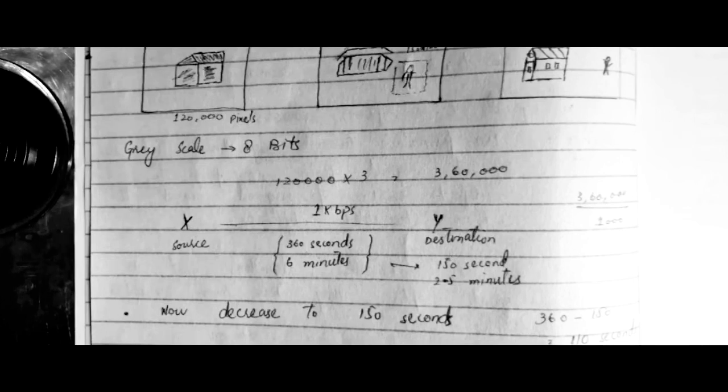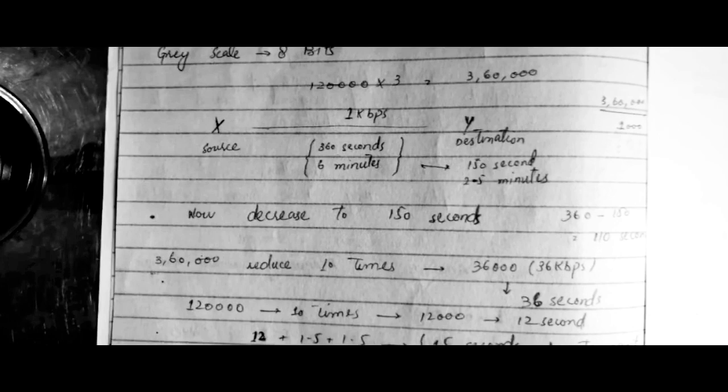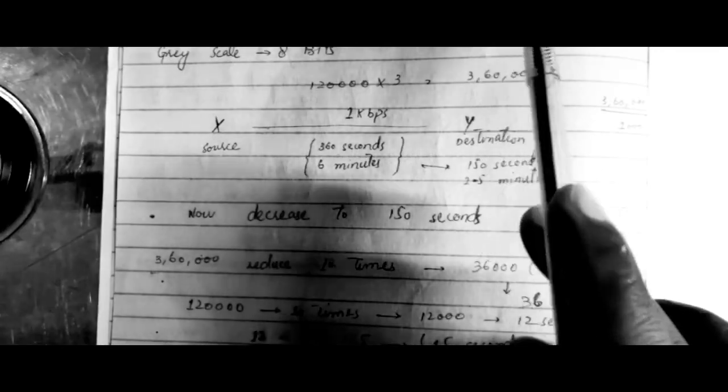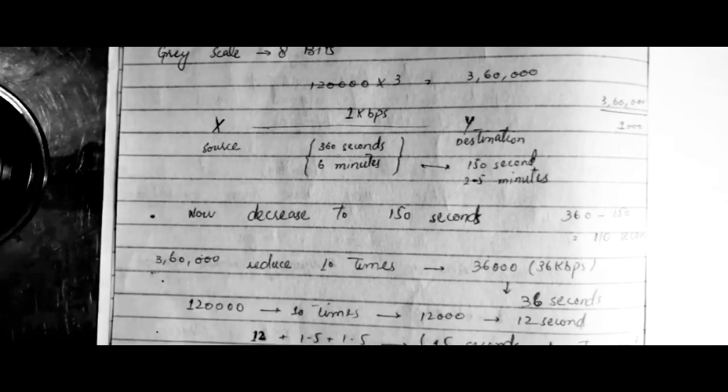So the image is now divided into 3 parts. To reduce the size 10 times, we will now move 1200 pixels of the first image, 150 by 100 pixels of the second image, and 150 by 100 pixels of the third image. This will help us to reduce the size of the image.